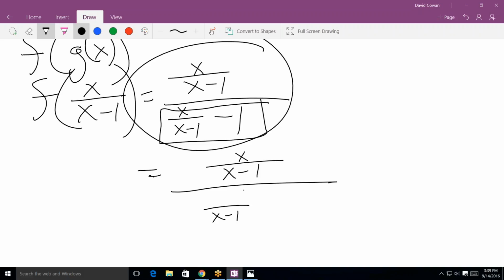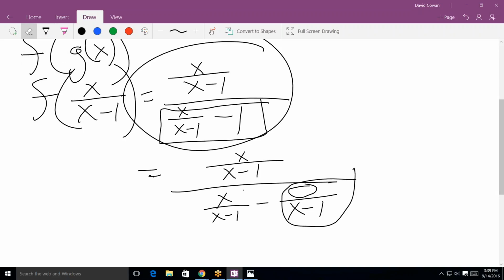X minus 1 is the common denominator, and I'm subtracting. You with me? Okay, if x minus 1 is the common denominator, then that part is that. And what is this part right here? That would be 1. Remember that it's got to equal 1. Well, what do I need to write in the circled part for this whole thing to equal 1? X minus 1. Correct.